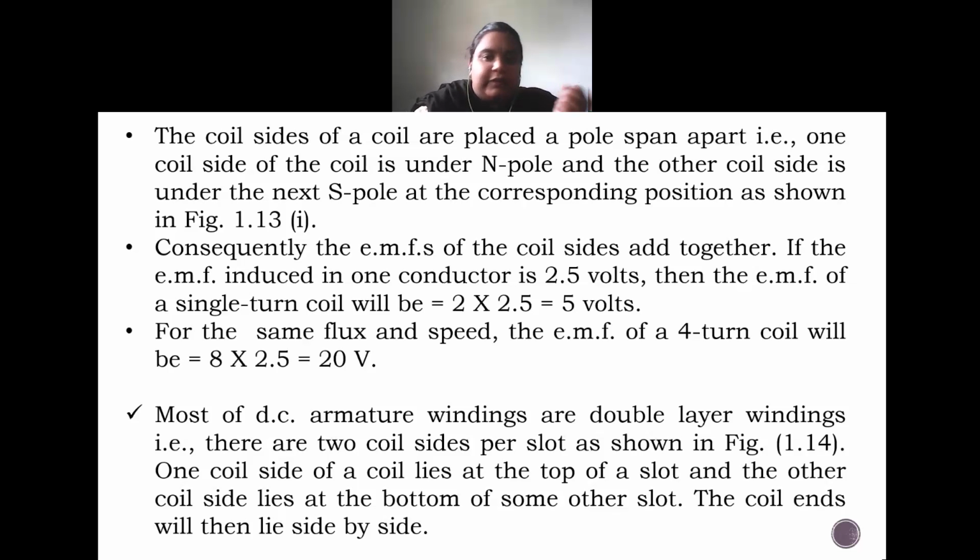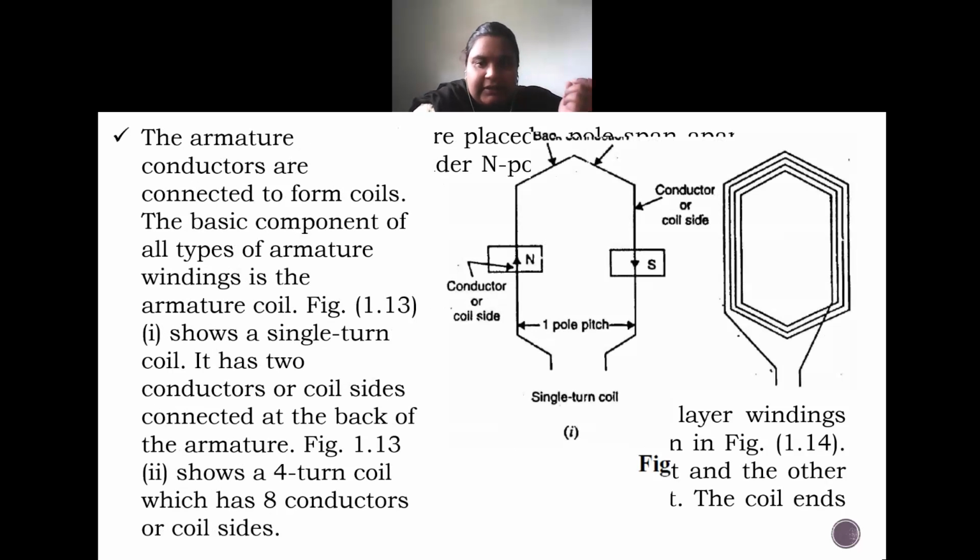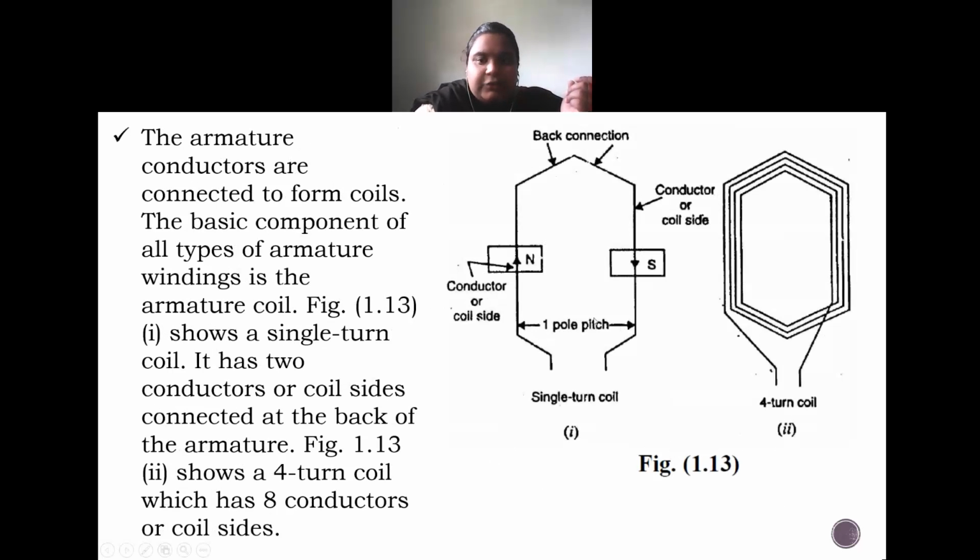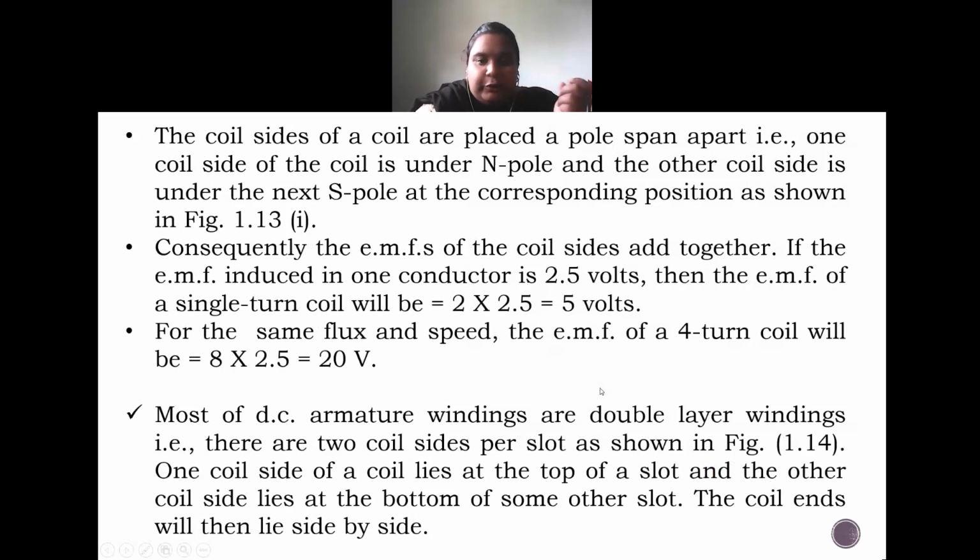Consequently, the EMFs of the coil sides add together. That's what we have seen, right? If the EMF induced in one conductor is 2.5 volts, then the EMF of the single turn coil will be 2 into 2.5, that is 5 volts. Each conductor is having 2.5 volts, so two conductors are there, 2 into 2.5, 5 volts.